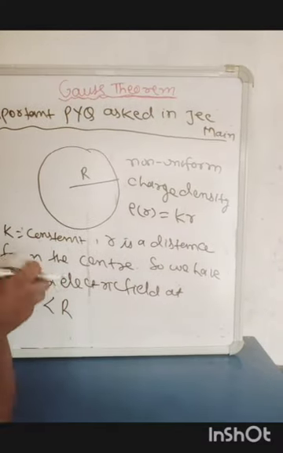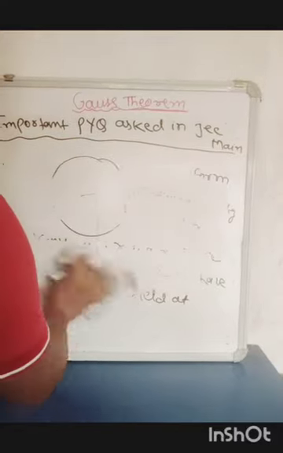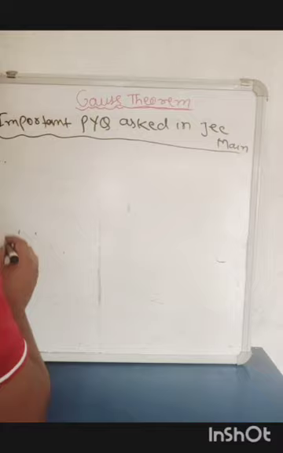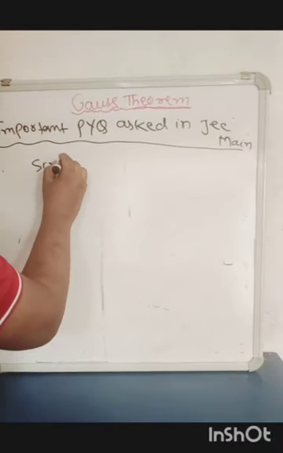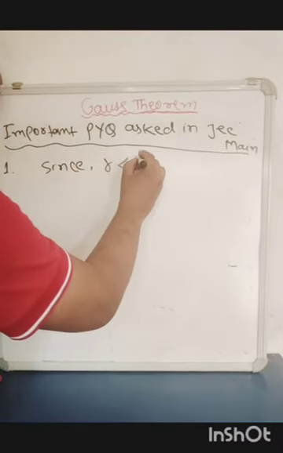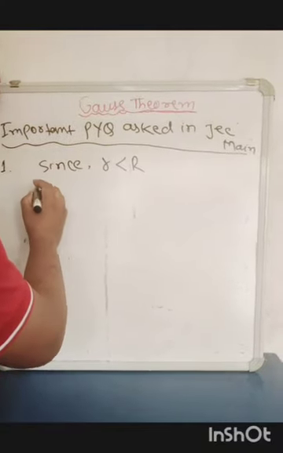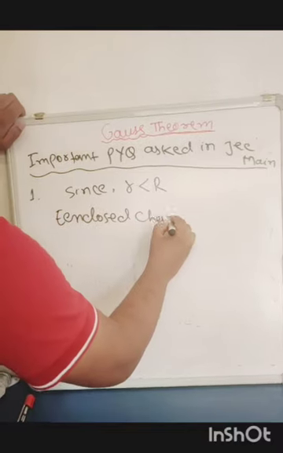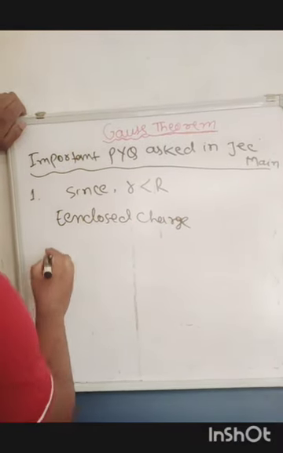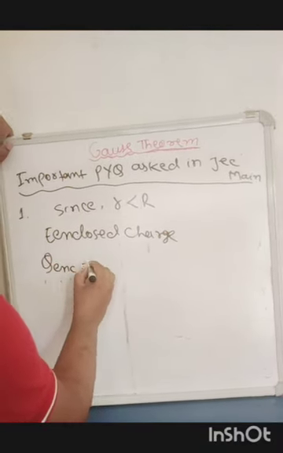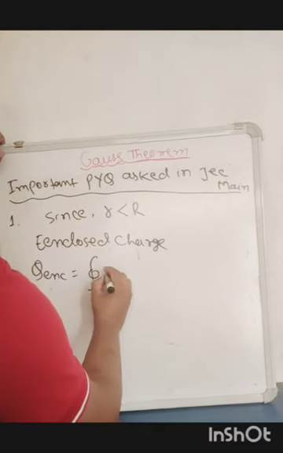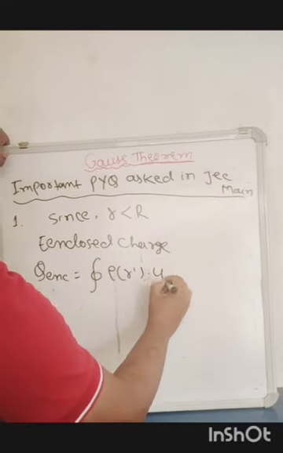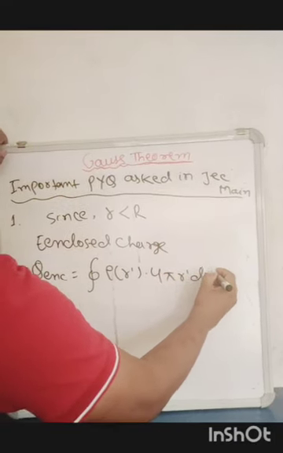Since small r is less than capital R, the enclosed charge Q enclosed equals the integral of rho r dash into 4 pi r dash square d r dash.